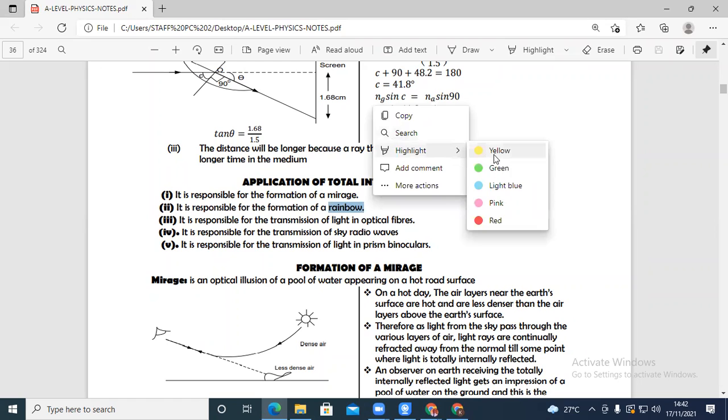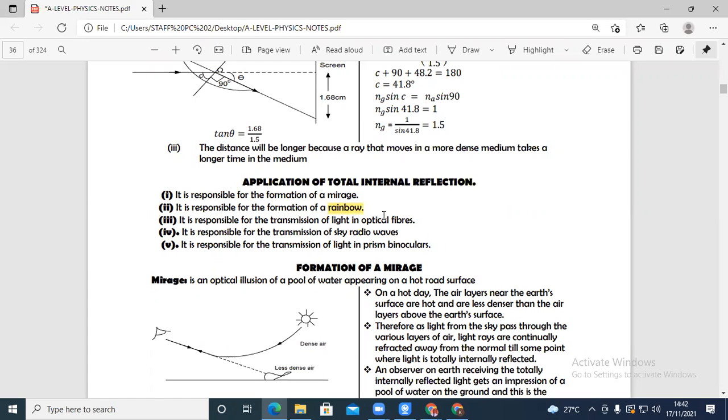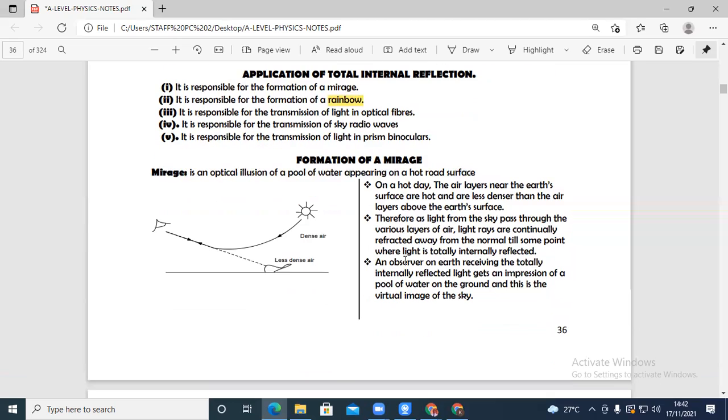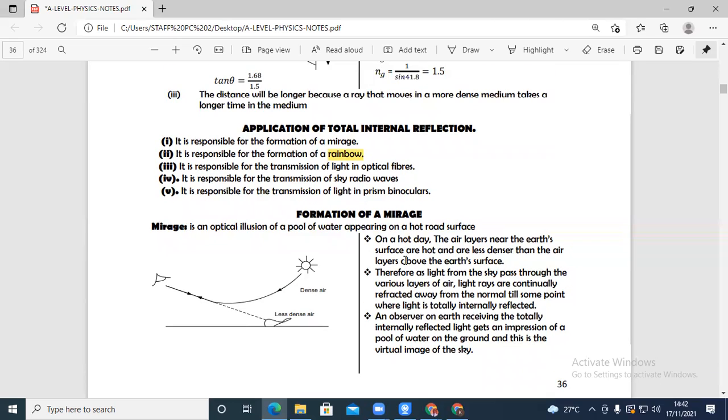Sandra, you can research about how a rainbow comes about. But mainly there is total internal reflection, and also dispersion of light, and that's why we have a rainbow. How does total internal reflection lead to formation of a rainbow? There are two things: total internal reflection and also dispersion of light.